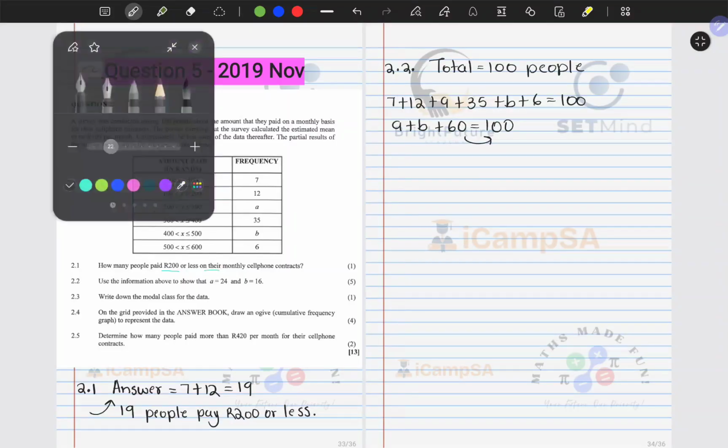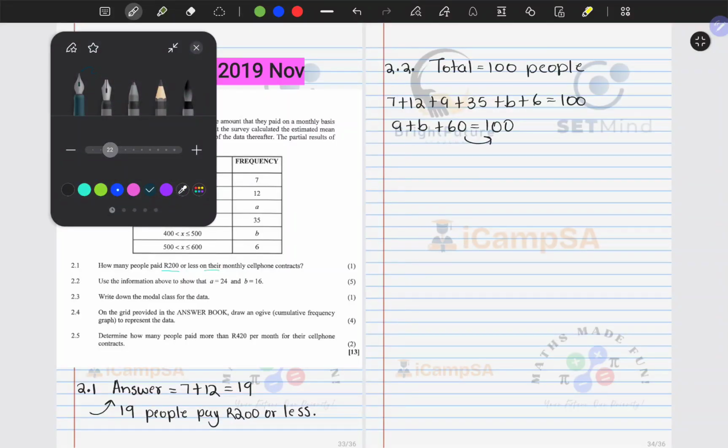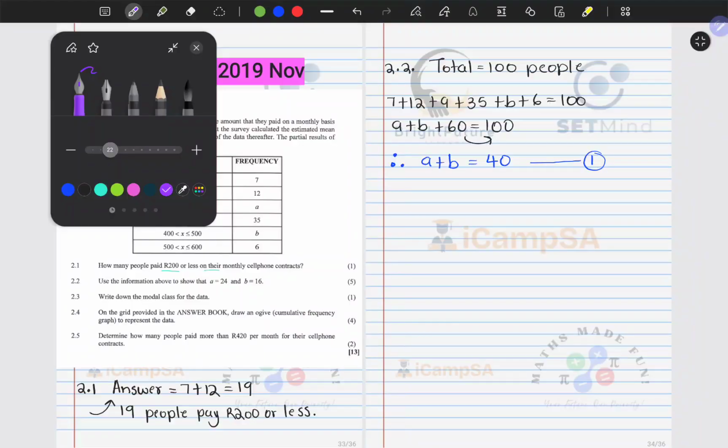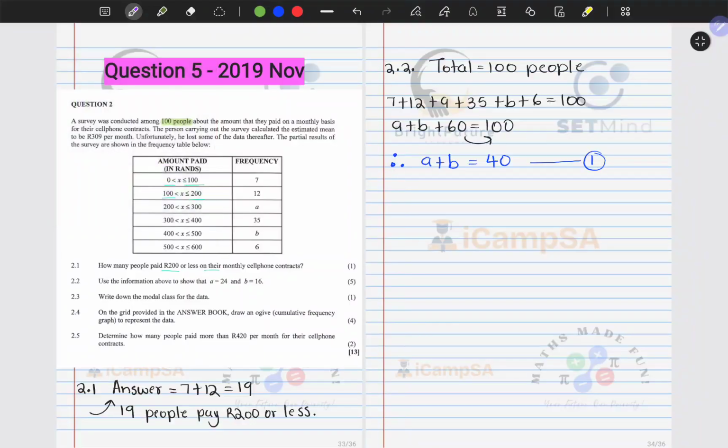We can transpose the 60 such that we end up having an expression where A plus B equals 40. And this here, I'm going to call equation number 1. So we've used the total. Now what I need to do is to use the mean.